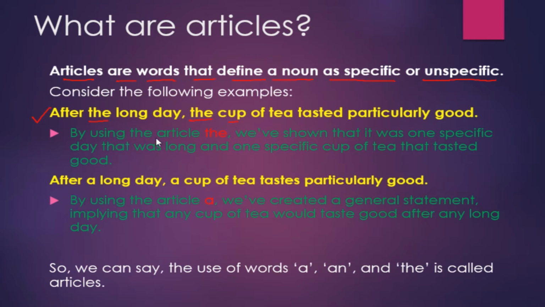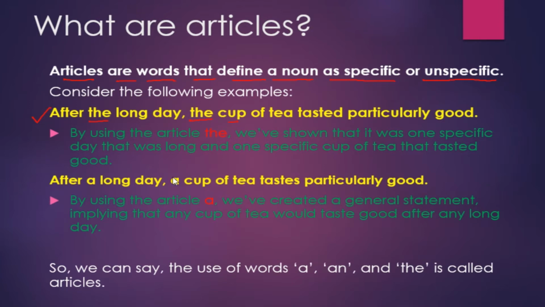Now, by using this article the, we have shown that it was one particular day, a specific day, and that day was a long day, and the cup of tea, that means a particular specific cup of tea that tasted good.